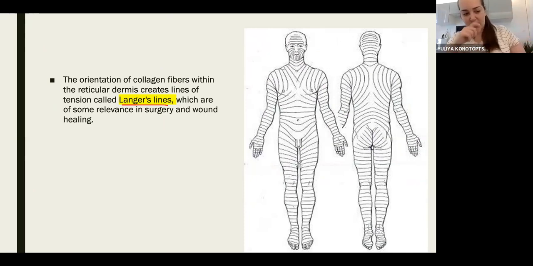If you want to be a plastic surgeon, you need to know those because you will never cut across them. If you cut, you separate the collagen 1 fibers. It's now fully separated, so it will need much more time and energy to heal, and even if it heals, it won't heal nicely.